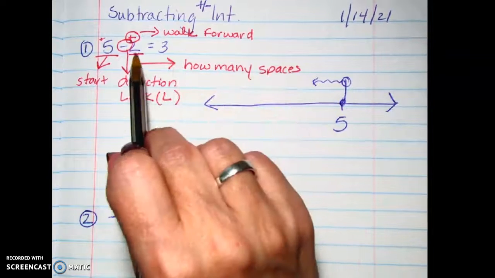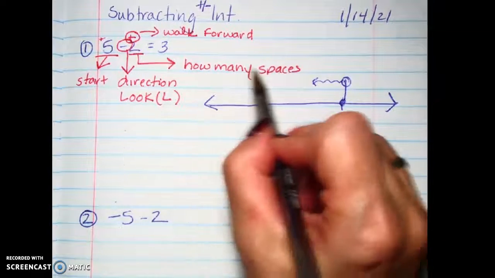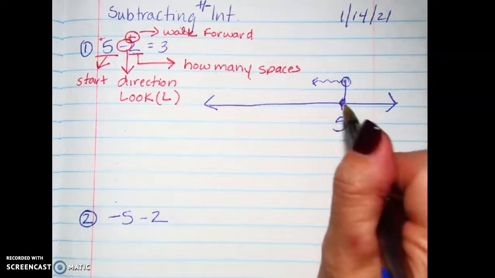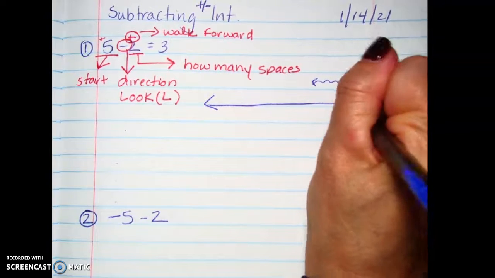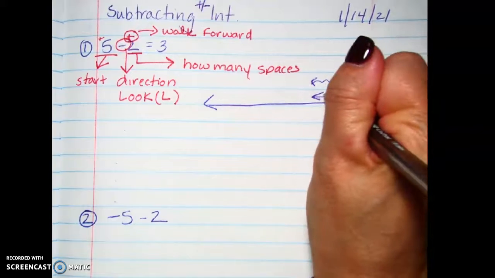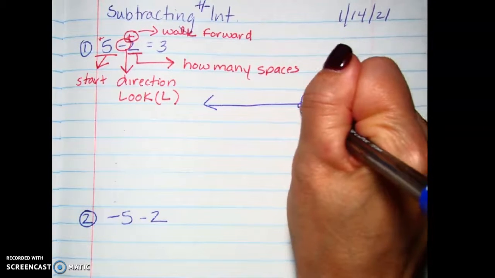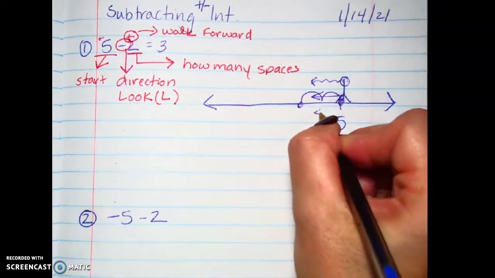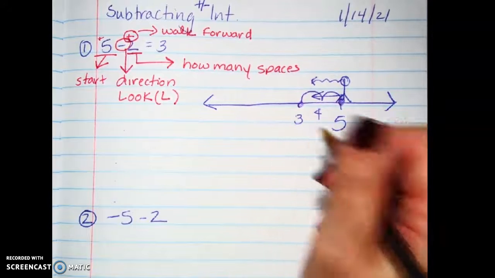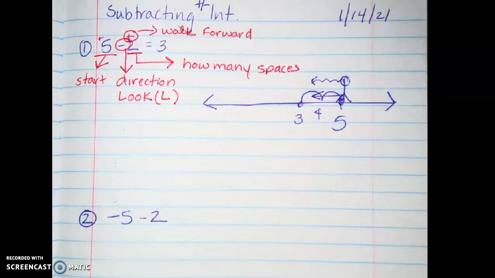So I need to go 2 spaces, but do I go forward or do I go backwards? Well, I go forwards because it is a positive 2. So I go 1, 2, and I end up at, this would be 4 and this would be 3. So there's my answer.